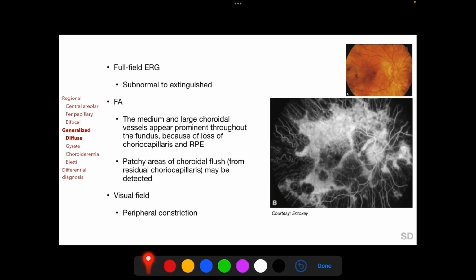Full-field ERG is subnormal to extinguished in diffuse choroidal dystrophy, and on fluorescein angiogram, the medium and large choroidal vessels appear prominent throughout the fundus because of loss of choriocapillaries and retinal pigment epithelium, but residual islands of choriocapillaries may appear as patchy areas of choroidal flush, and visual field testing shows peripheral constriction.